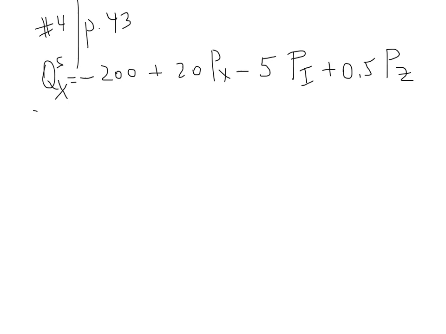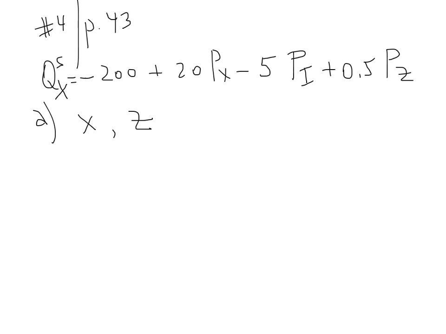Now, let's see what the problem says. For A, based on the supply curve above, what is the relationship between good x and good z? So, we have to figure out if good x and good z are substitute goods or if they are complementary goods.